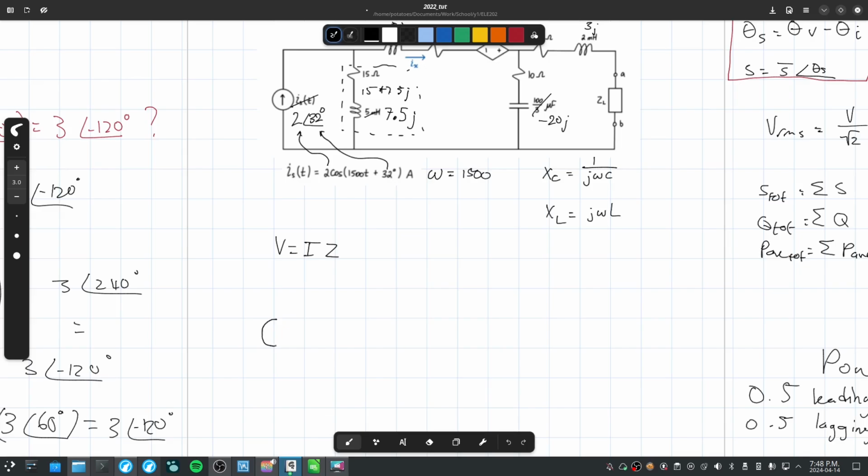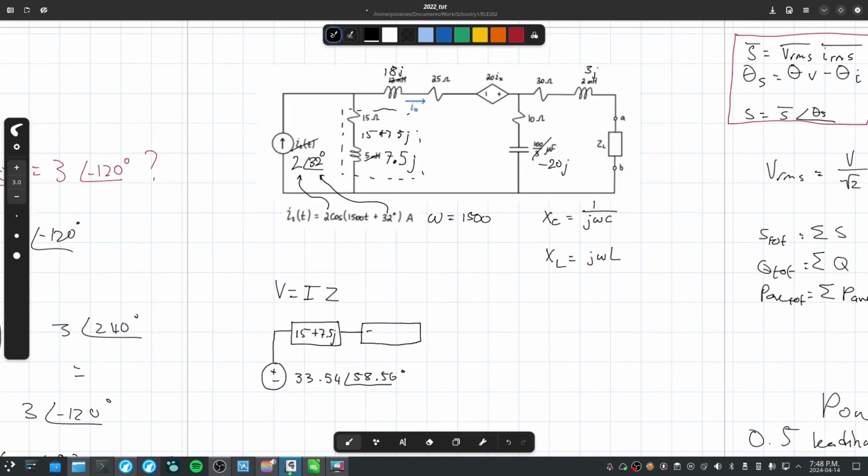We have to redraw this entire circuit now. You get 33.54 with an angle of 58.56 degrees. Our load is now placed in series, so that's 15 plus 7.5J. We have another load in series, that is 25 plus 18J. I can't draw for the life of me.